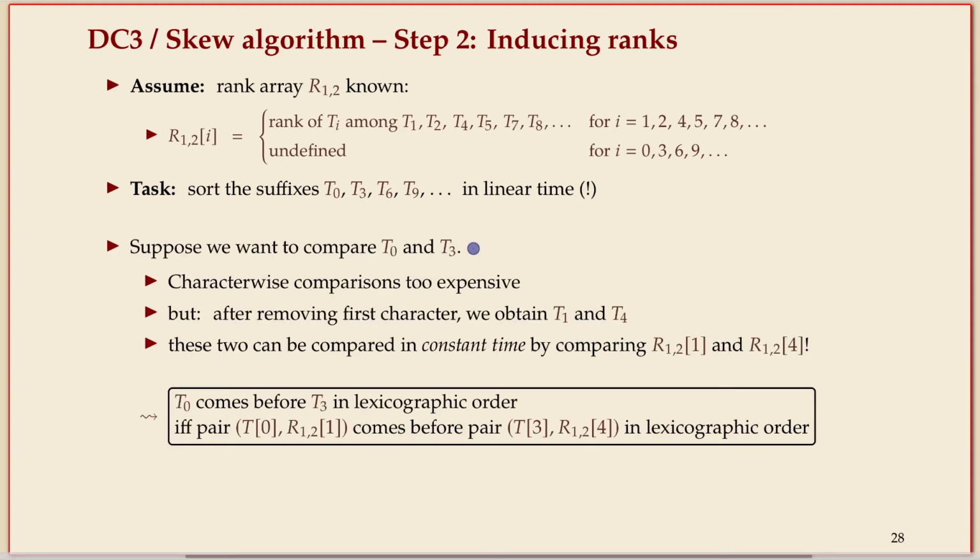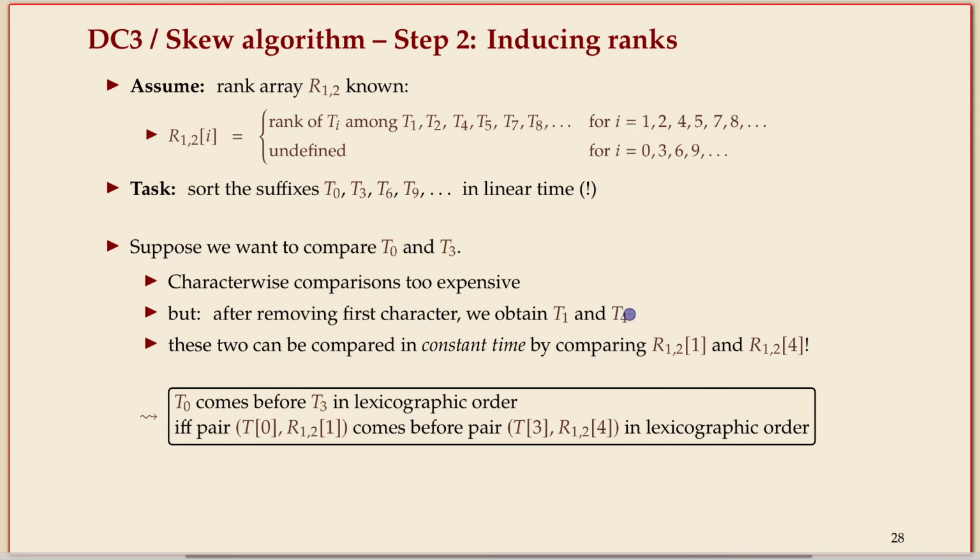Let's start with the obvious. If we want to sort these suffixes, we could start comparing and do some sorting method that works on pairwise comparisons. We can't afford to compare long suffixes character by character because they can be linear in the size of the text. So this would take linear time for just a single comparison, and we want to sort the entire list.